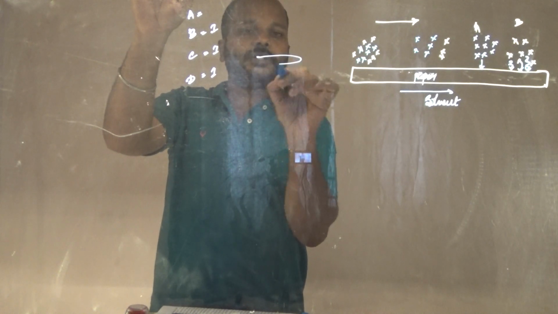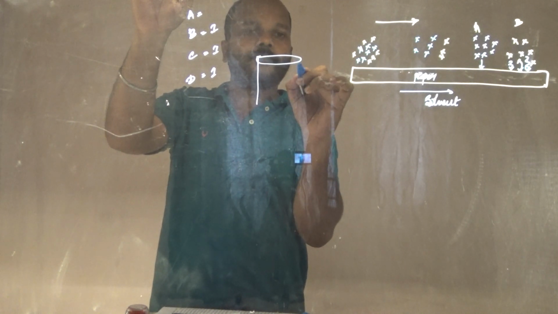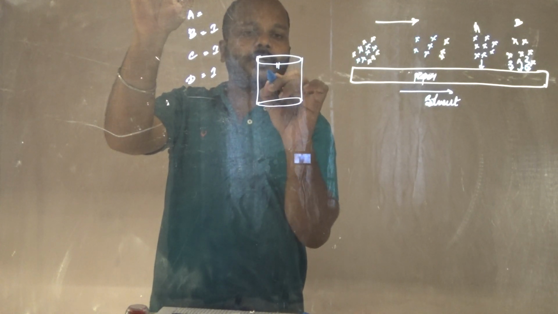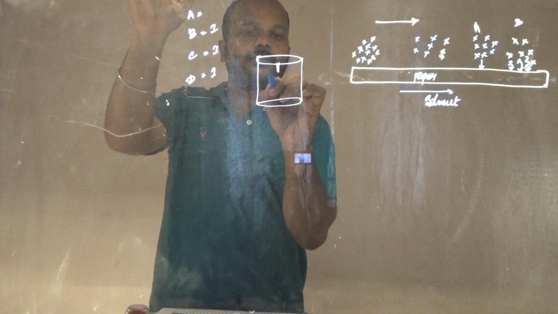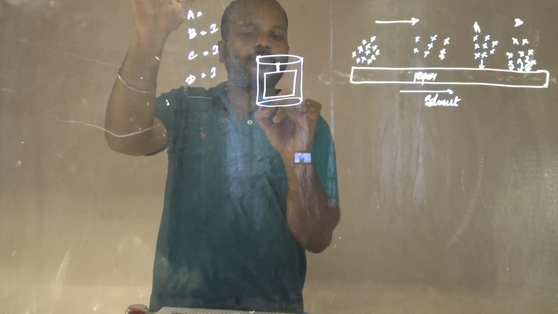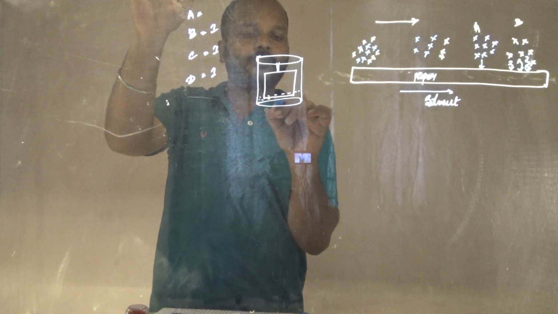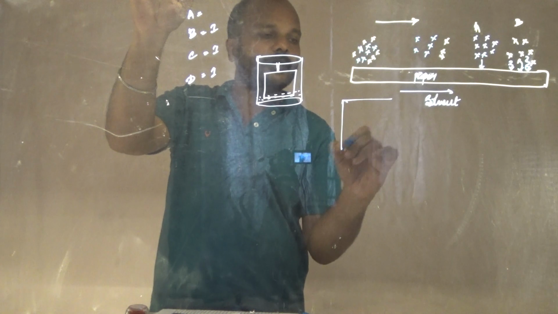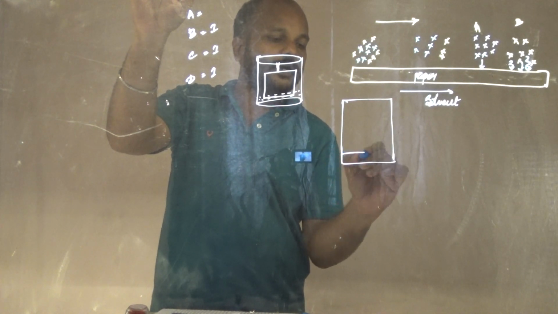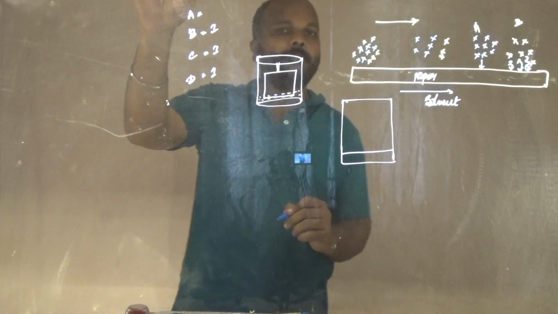Consider you take a beaker and you are holding a chromatography paper. While you are cutting the chromatography paper, you draw a line using a pencil.